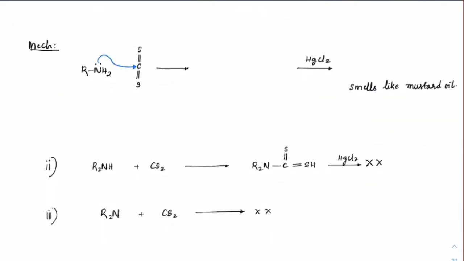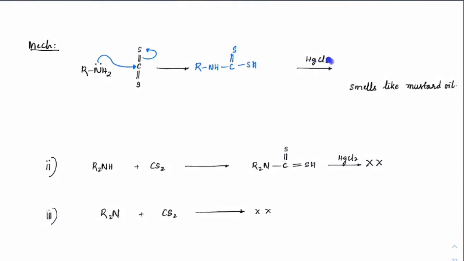You can see that the lone pair will attack on carbon here. This bond will come here, so we will get R, NH, C double bond S and SH. So this S minus will fetch this proton, so we will get R, NH, C double bond S, SH.